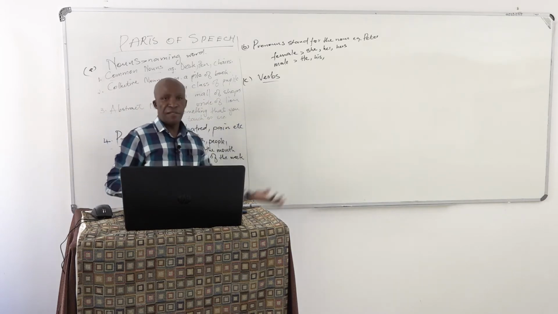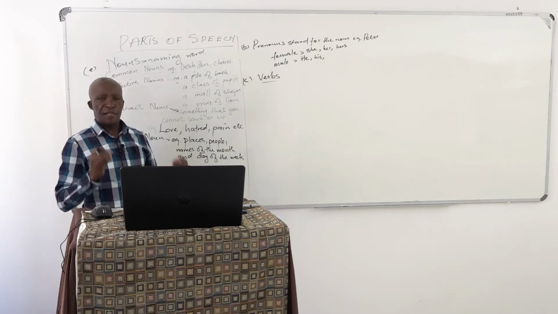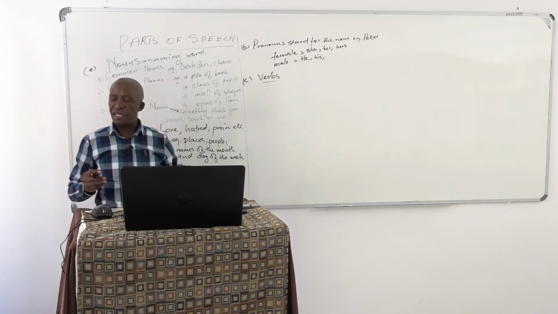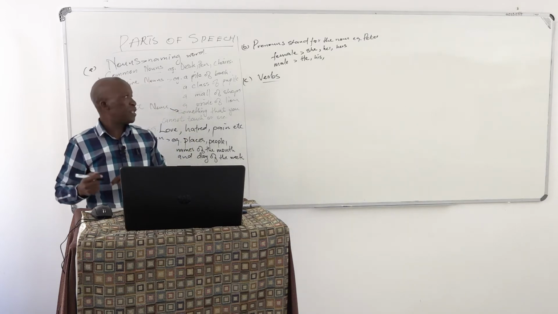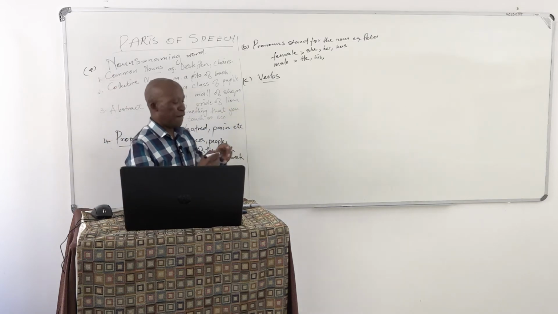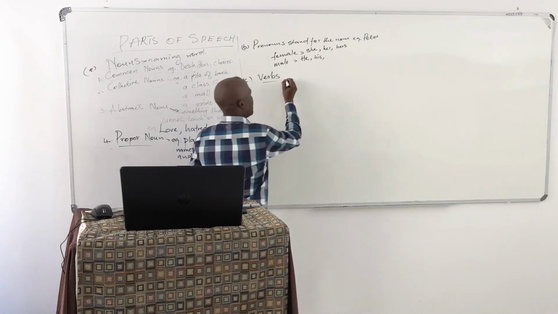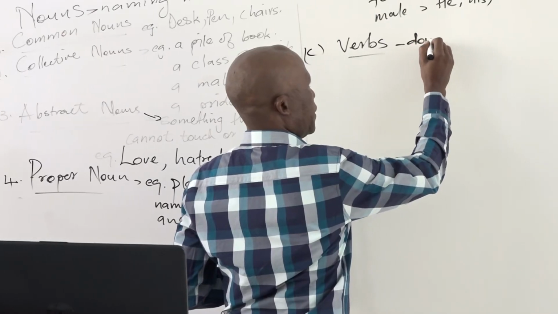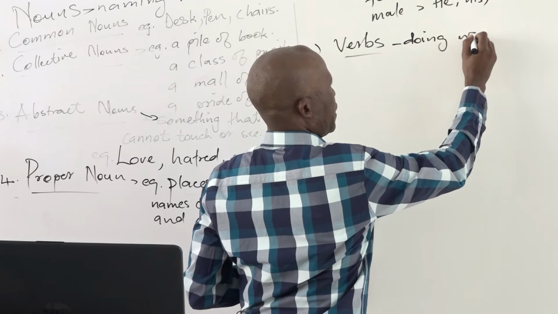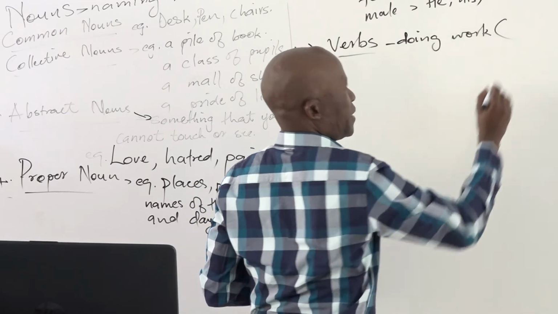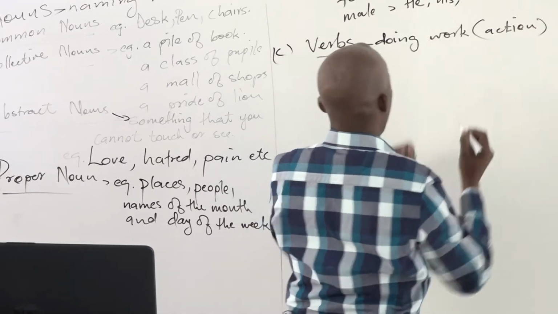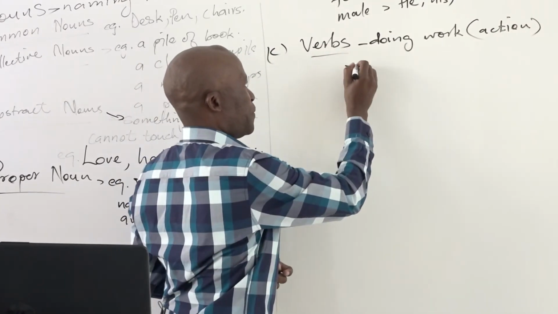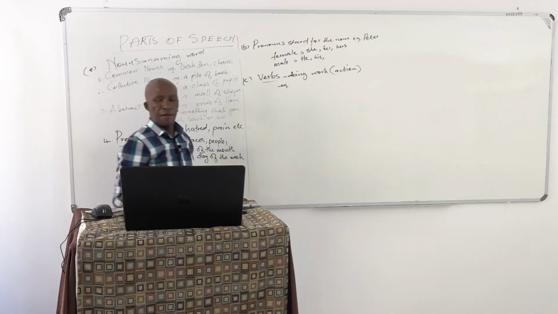Now, we've got different verbs in a sentence. Hence, I was talking about concord. We are saying a verb must work hand in hand with the subject, with what the subject of the sentence is doing. A verb is the doing word, the action in the sentence.